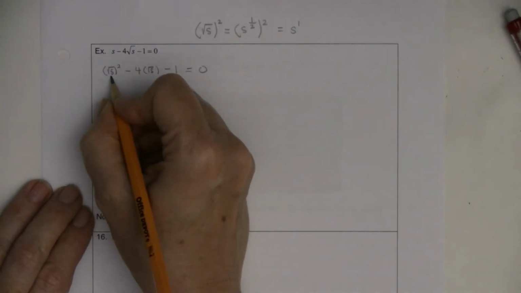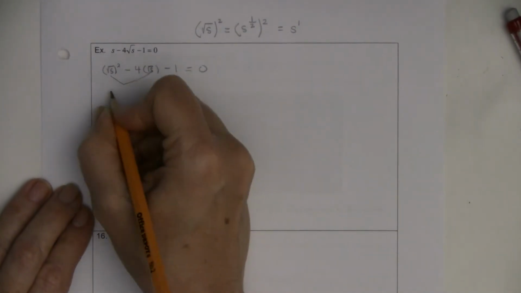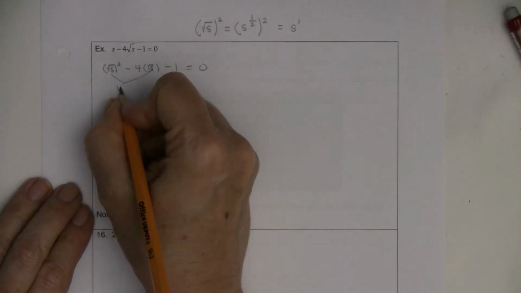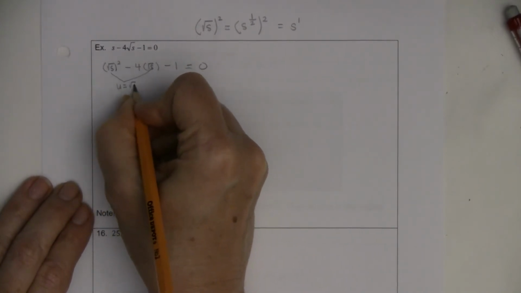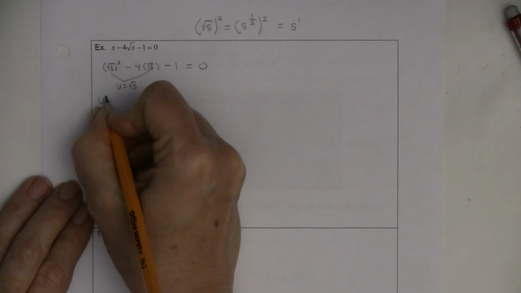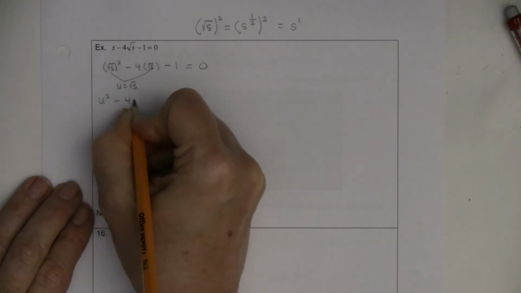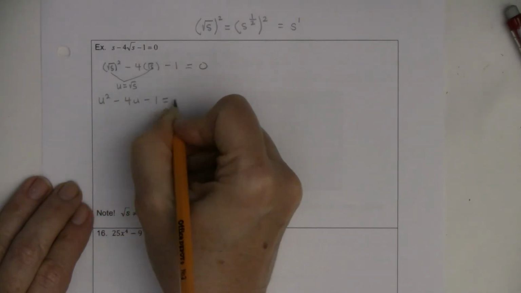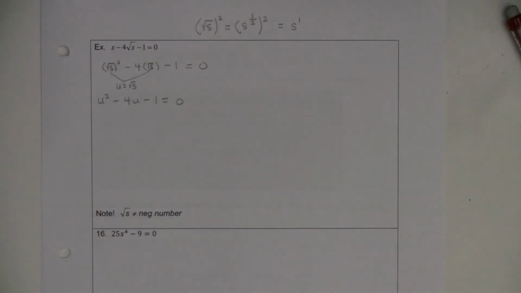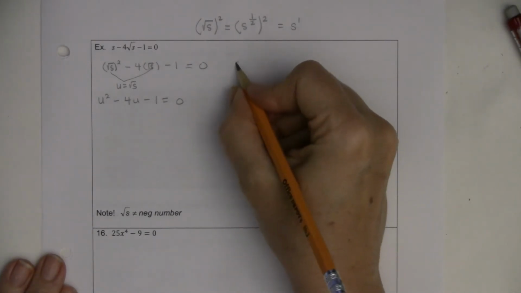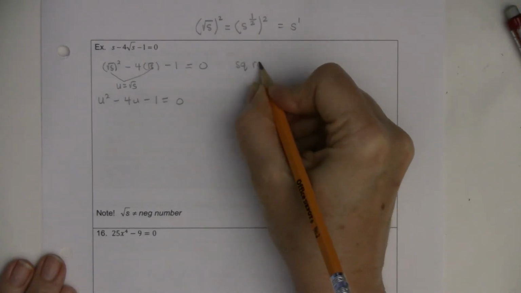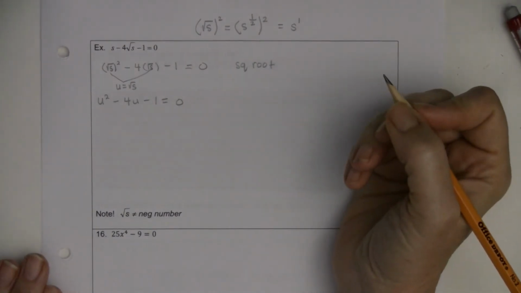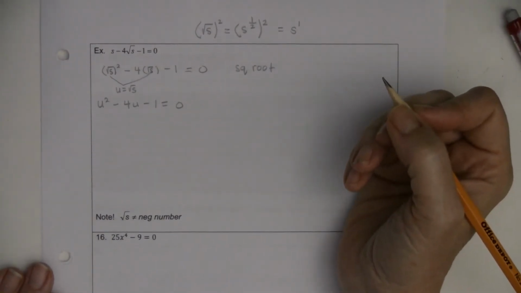And then what you're going to do is you're going to replace both of these square root of s's with u. U equals the square root of s. So this is going to look like u squared minus 4u minus 1 equals 0. And then I'm going to give a solve to that. So it was square root, right? And we had a way of solving a problem that had a square root in it.